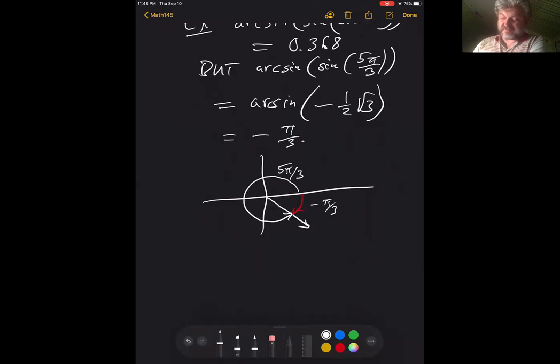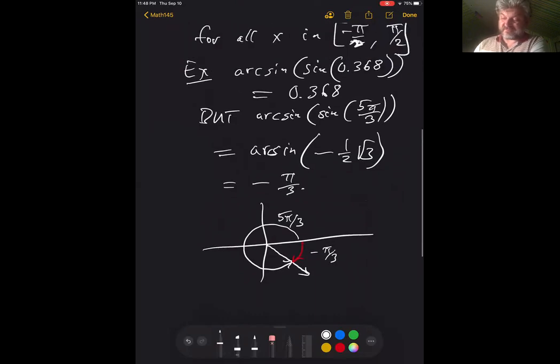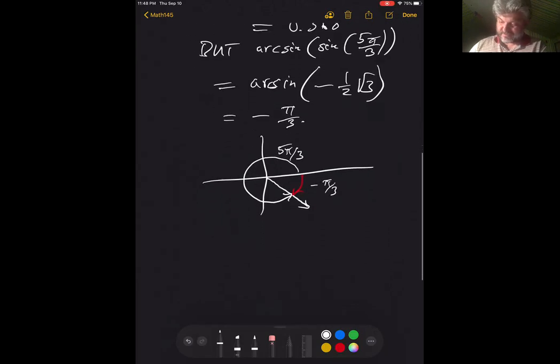And that is what we get from substituting 5 pi over 3 into this composite function. We get back an angle in our special interval which has the same sine value. One more example.